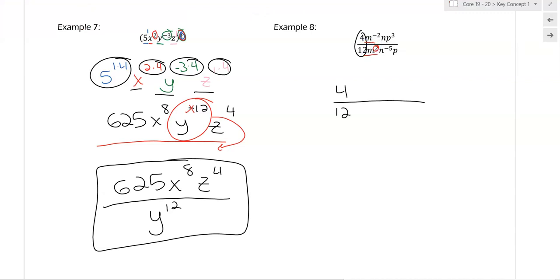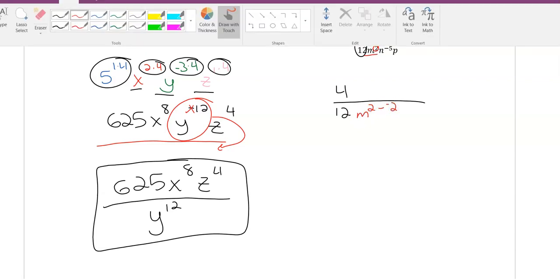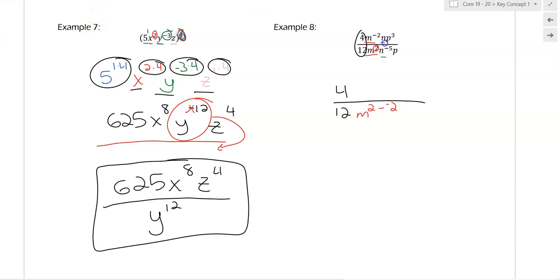This one's bigger, so my m's going to go on bottom. 2 minus negative 2. With my n's, I have negative 5. And then the n on top has a 1. That one's bigger. N's going to go up here. 1 minus negative 5.